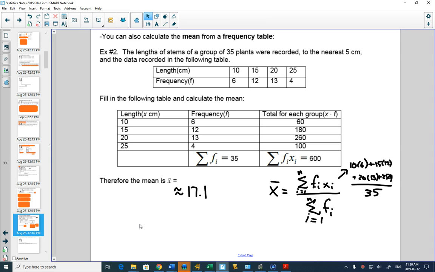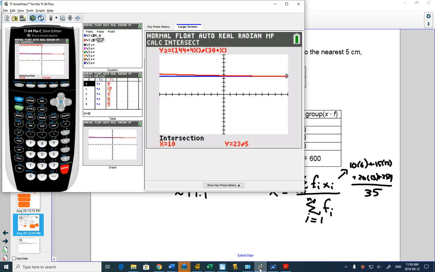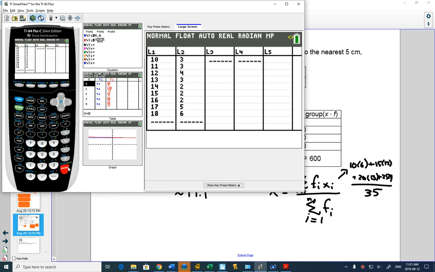You know how to add, you know how to multiply. Why waste your time doing that yourself when there's something faster that can do it? So we can go to our calculator, we can go to our stat and edit. I'm going to clear down to get rid of the data that I have in there, and enter in these values that were given to us.